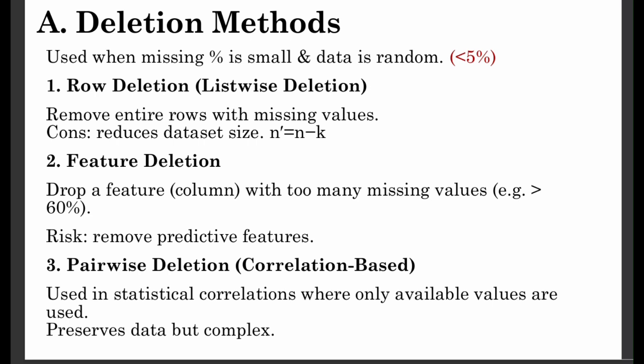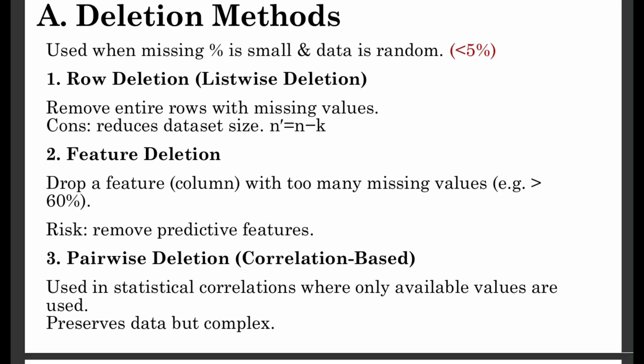The risk here is that you might accidentally remove a feature that was actually predictive. So use this with caution, only when the column is overwhelmingly missing and unlikely to be recoverable. Example: if the blood group column is missing for almost every patient, it gets dropped.